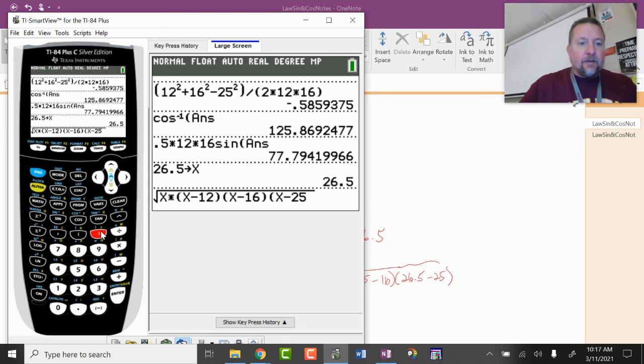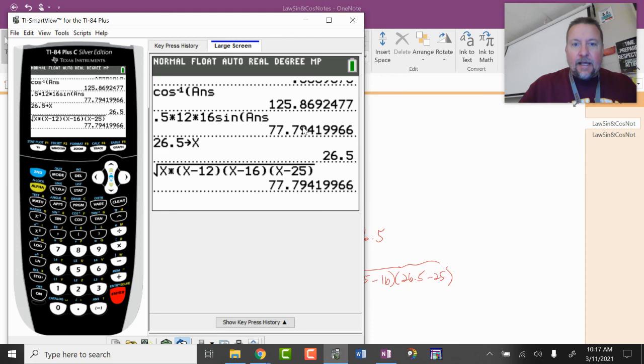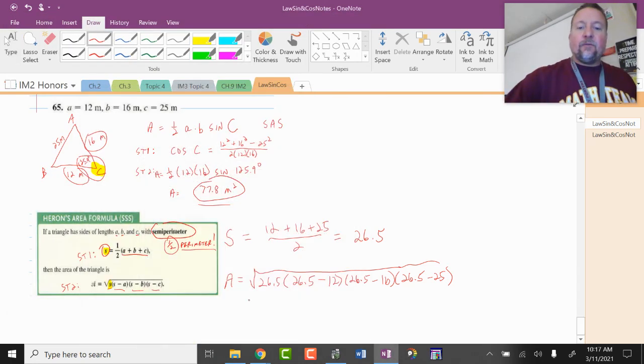Watch this math magic, a completely different formula. Boom, shakalaka, 77.8. So it's cool doing that two different ways, two completely unrelated formulas, and you get the exact same answer.